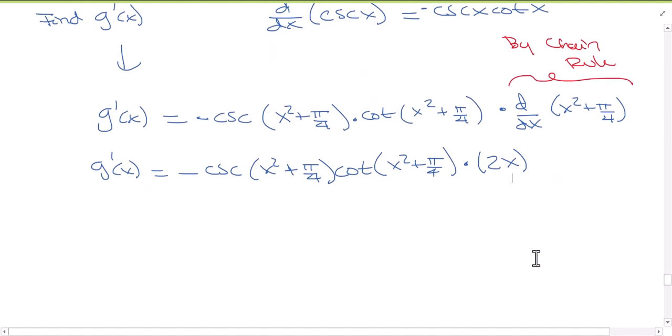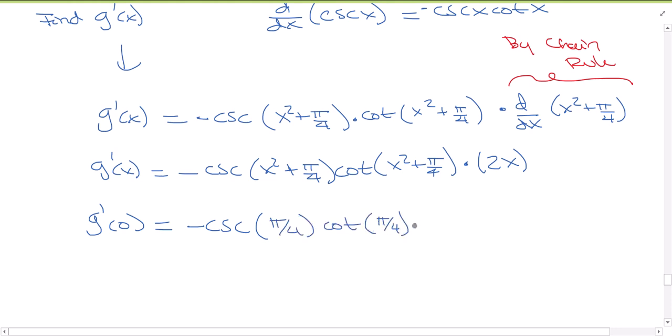And we want to find the derivative when x is 0. So g prime of 0 is plugging 0 in here, so we're just going to have negative cosecant of pi over 4 times cotangent of pi over 4, and then times 2 times 0. So actually this whole thing is just going to be 0, right?